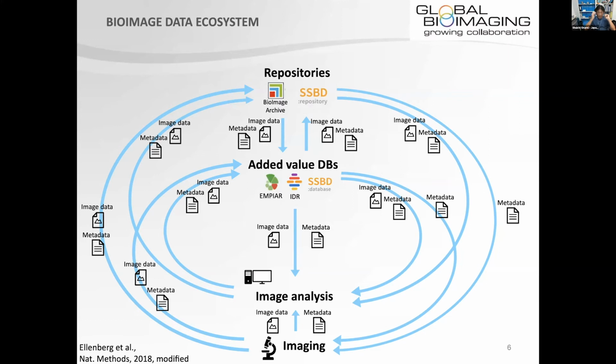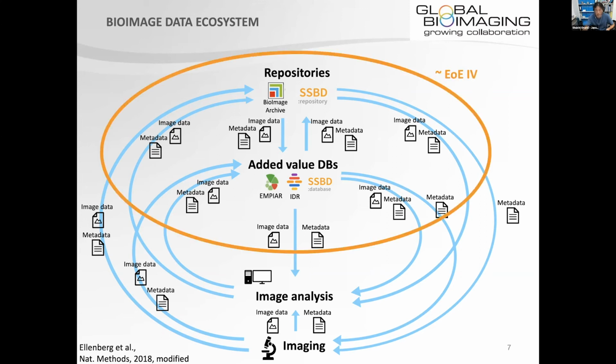After their paper, we set up several actively working repositories and added value databases. Those repositories and databases are working right now, and we are now actually in this kind of ecosystem. Until last year's EoE, we have been discussing this area.